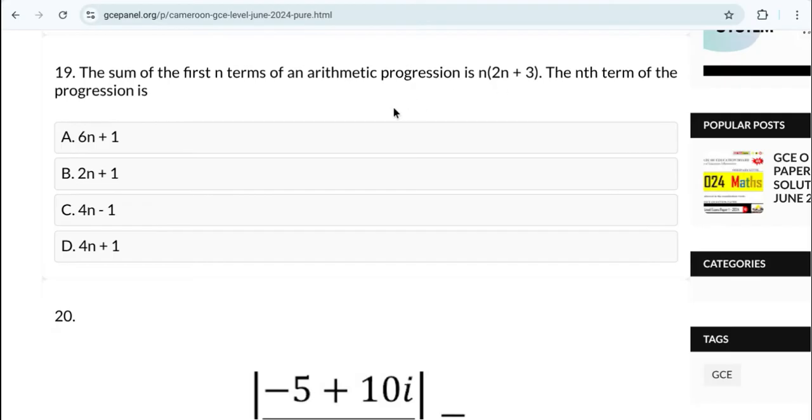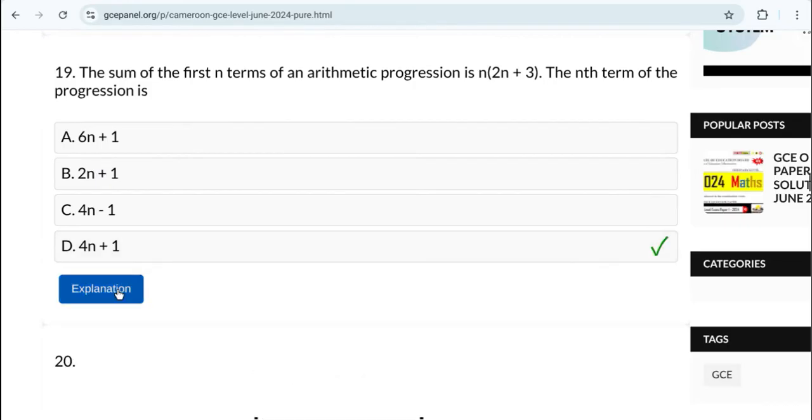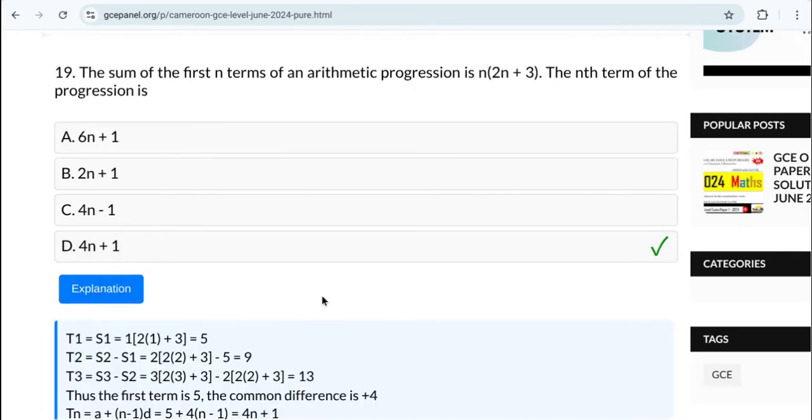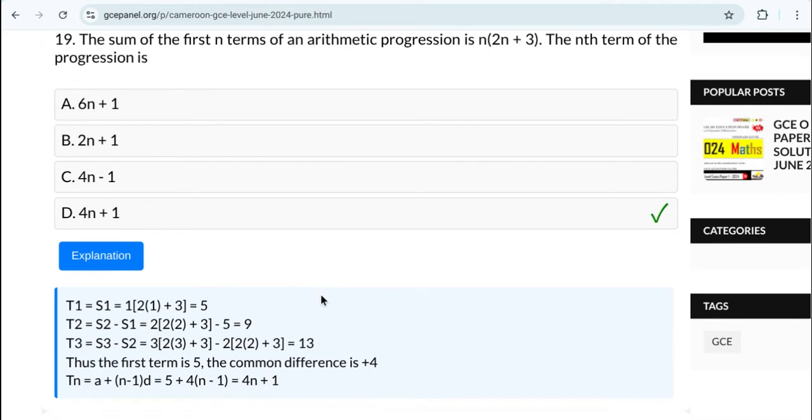Okay, it's n into 2n plus 3. Okay, let's see how we can solve this one. So the sum of the first term is the same as the first term. What's this now?